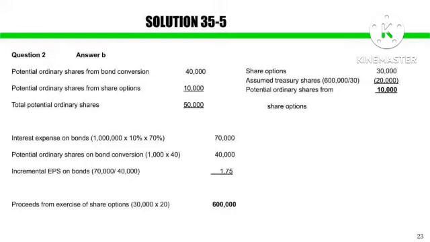Paano na-compute yung 10,000? May share option na 30,000. Ilalas natin yung assumed treasury shares na 20,000. 600,000 na proceeds from exercise ng share option divided by average market price na 30 is equal to 20,000 treasury shares. So, 30,000 minus 20,000 is equal to 10,000 potential ordinary shares from share options.